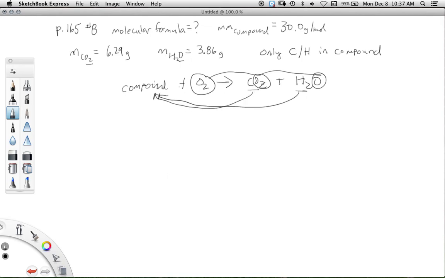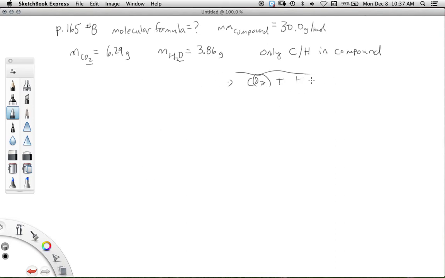So what I want to do is get the C and the H by itself. There's a few ways to do this. One way is to find the percent composition of C in CO2, and multiply it by the mass of CO2, which would equal the mass of C in our compound. The other way is to get the number of moles, because that's what we want.